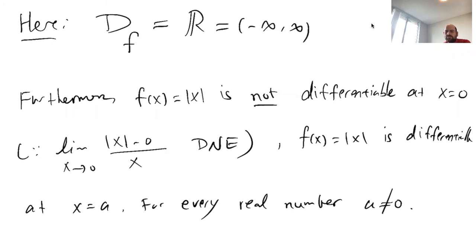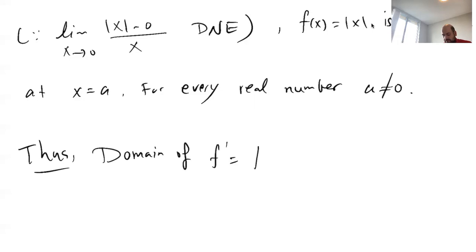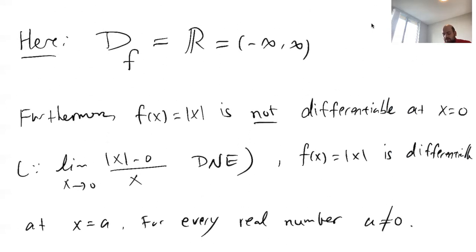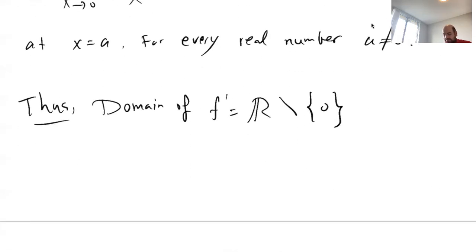Right? So what is the domain of f prime? The domain of f prime is equal to all real numbers except 0, right? We said the domain of f prime is the domain of f except the points where f is not differentiable. Well, the only point where f is not differentiable is x equals 0. So the domain of f prime is all real numbers except 0.